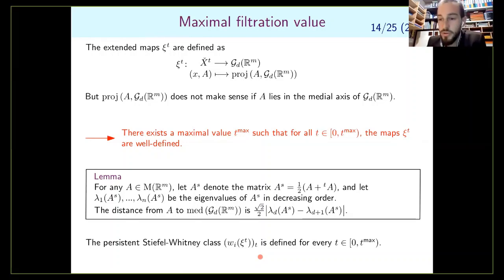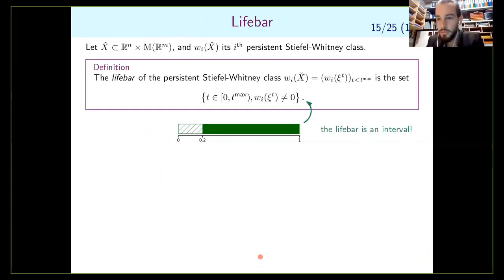Okay, I propose a summary of the information given by a persistent Stiefel-Whitney class. This is called the lifebar. Take a persistent Stiefel-Whitney class, a collection of classes. The lifebar of it is the set of values of T such that the corresponding Stiefel-Whitney class is non-zero.